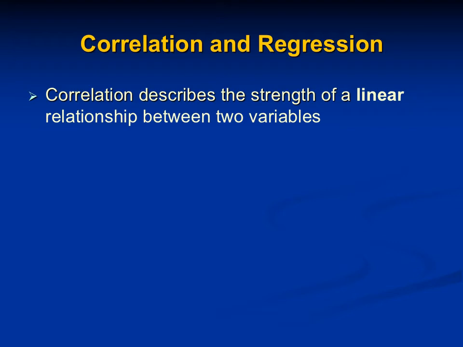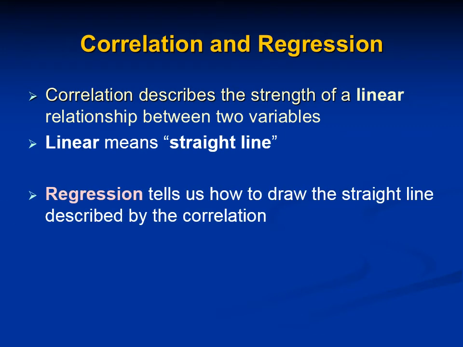I want you to pick the words describes the strength. Those words are very important. Linear means a straight line. Hope you all know about that. Yet regression tells us how to draw the straight line described by regression.